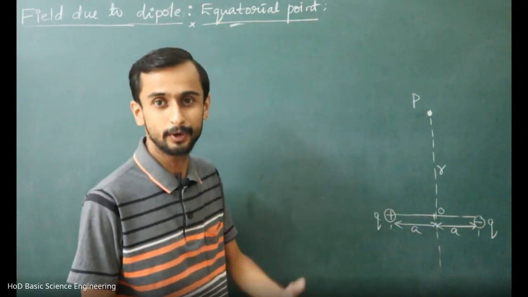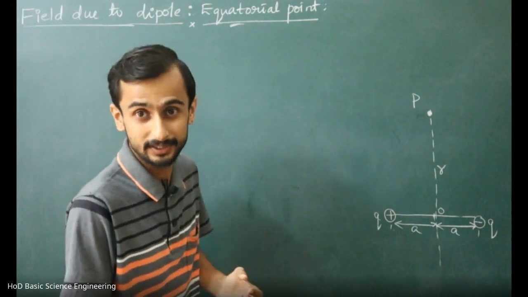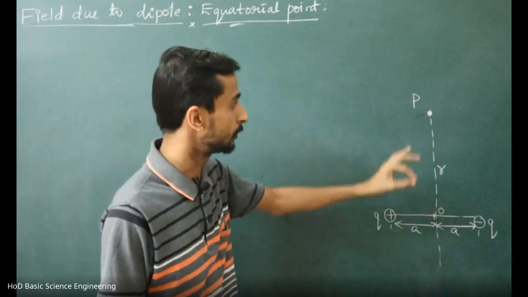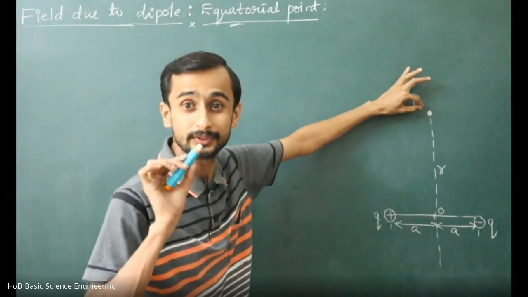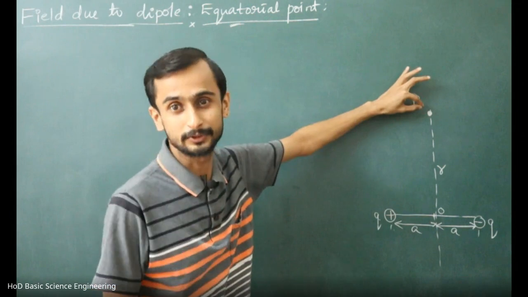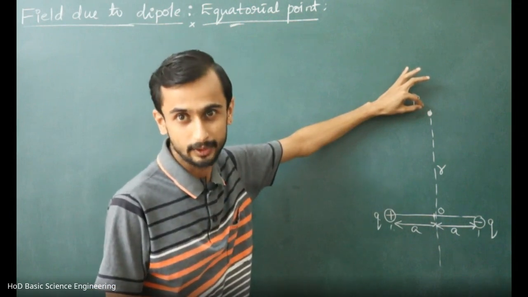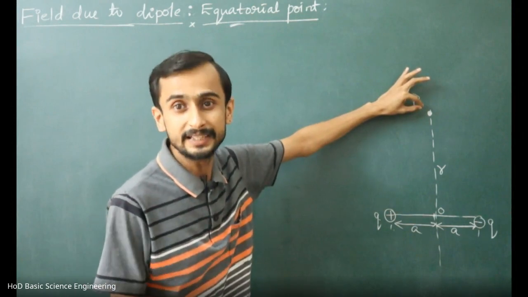At any point, if you want to calculate electric field, what is our method? You keep a unit test charge, or unit positive charge, at that point. The force experienced by that unit positive charge is the electric field at that point, or electric field intensity.